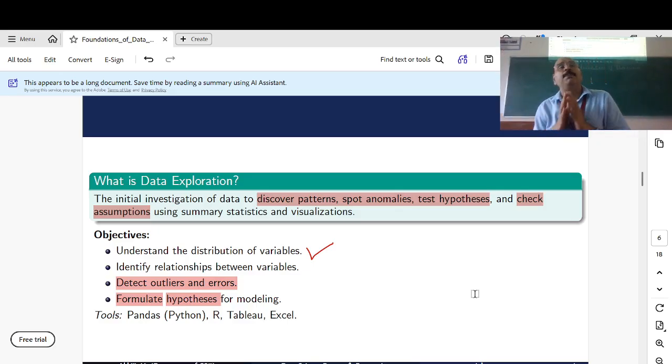All these things are hypotheses. A hypothesis is a statement that is expected to be true, but can also turn out to be false. It doesn't mean that every hypothesis that is formulated really holds.